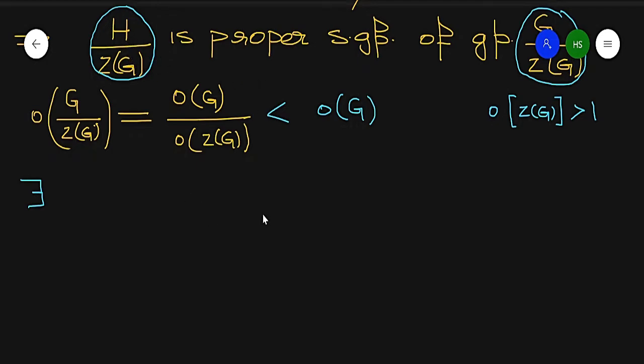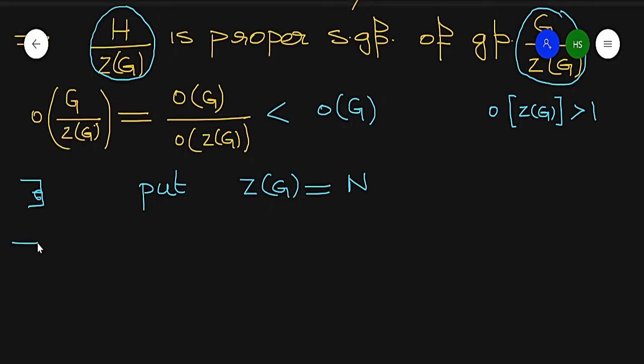So if I put the center of G as A, for simplification, equal to N, then it means I have some element which belongs to this, which does not belong to this, and satisfies our condition.